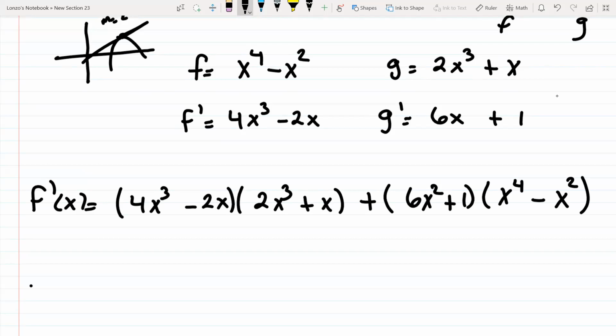So you don't have to FOIL it out and collect like terms. What I would just do is substitute the x value of f prime of 1 immediately.